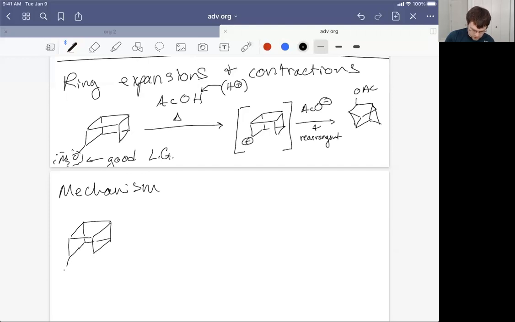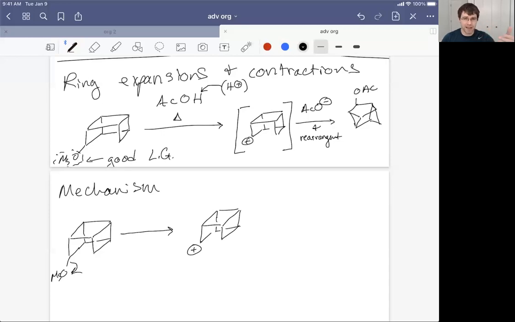So here's the starting material with the O-mesylate. Now I indicated this is a good leaving group, and it's just going to pop off under these conditions to give rise to this carbocation intermediate.